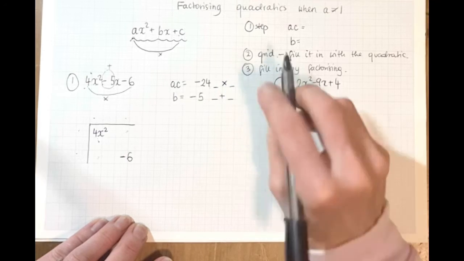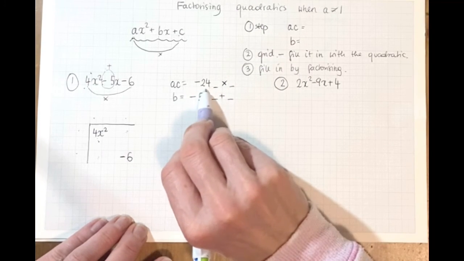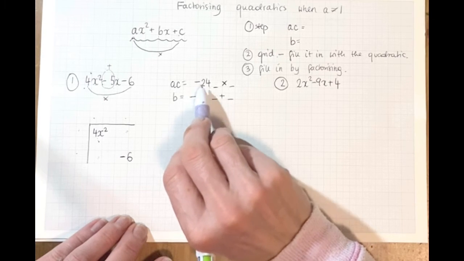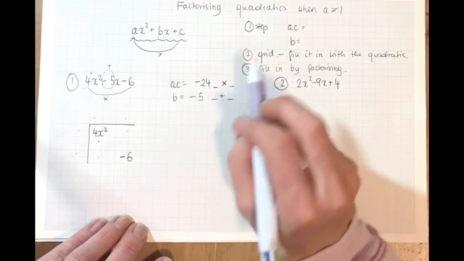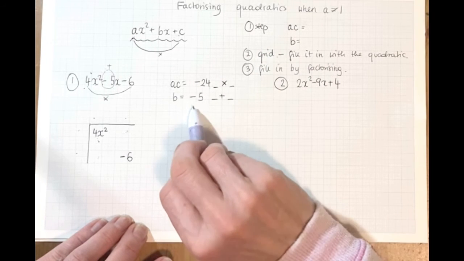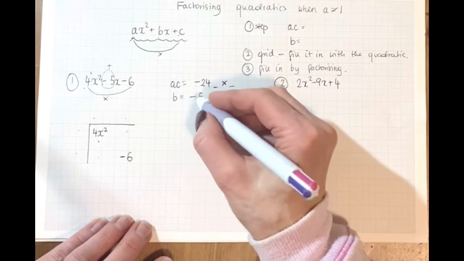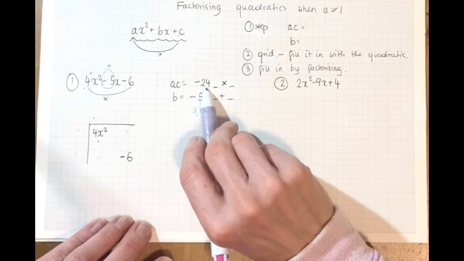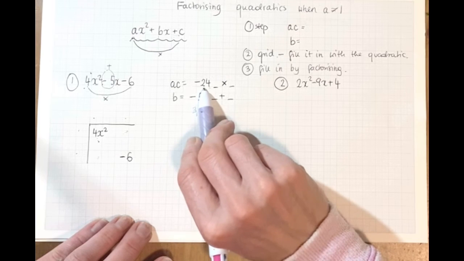So what are the two numbers? Think about two numbers that give you 24 that are 5 apart. If you try 1 and 24, that doesn't work. 2 and 12, that doesn't work. 3 and 8 might work. If you've got 3 and 8, you multiply them together, you'll get 24. By making one of these negative, you'll have minus 24.